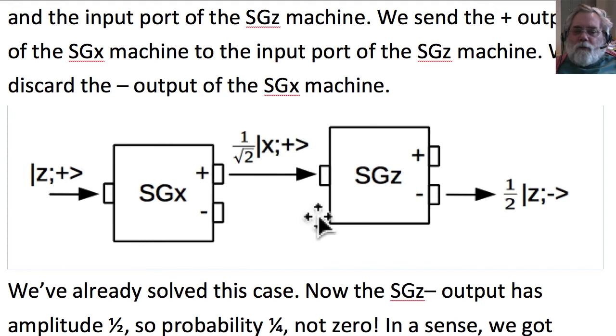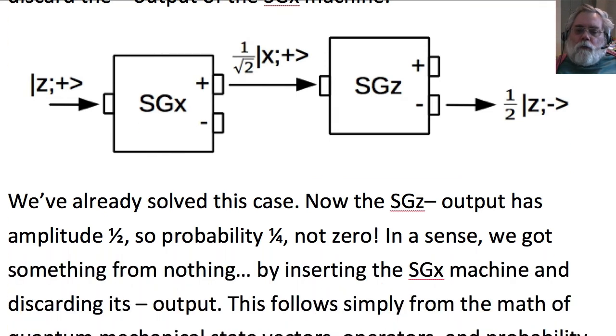And we're going to be interested in the minus output port of the SGZ machine. Now, we've already solved this case. The SGZ minus output, it's going to have amplitude 1/2 and probability 1/4, not 0.